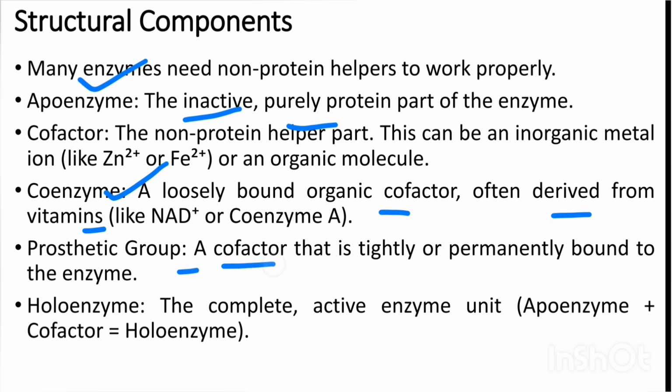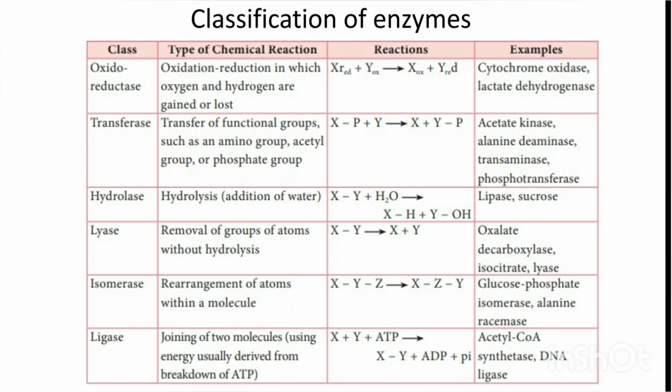Prosthetic group is a cofactor, that means a non-protein part, which is tightly or permanently bound to the enzyme. Holoenzyme is the complete active enzyme unit. Apoenzyme, the proteinaceous part, and cofactor, the non-proteinaceous part, make the holoenzyme.